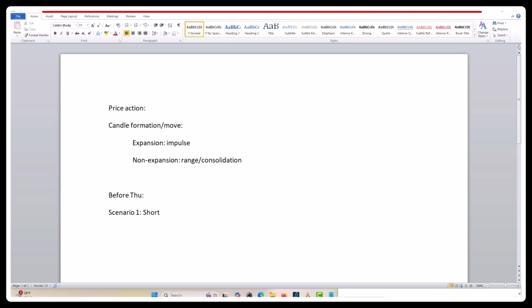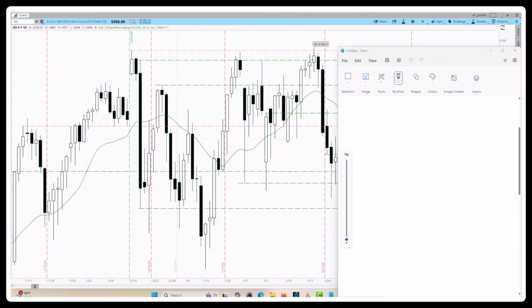Why short? No, not, our first one is long. Because we have the test from below. Yes, that's from the break and that's from below.